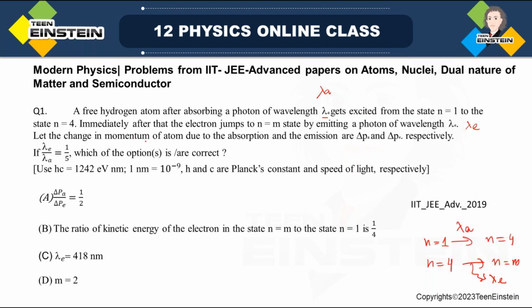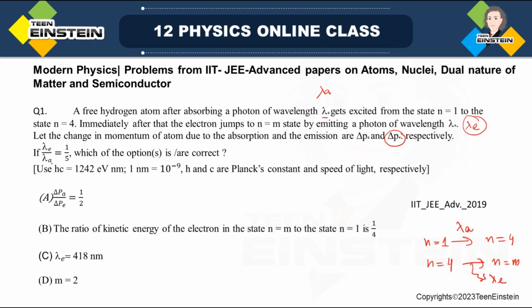Now let the change in momentum of the atom due to the absorption and emission be denoted by delta p a, that is the change in the momentum of the atom due to absorption of wavelength lambda a, and delta p e, that is the change in the linear momentum after emission of the radiation of wavelength lambda e.